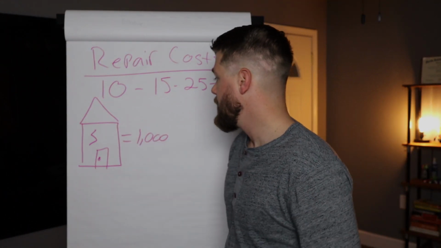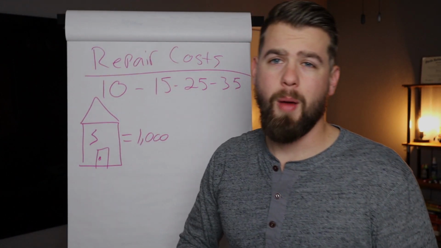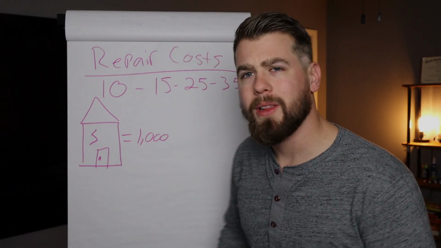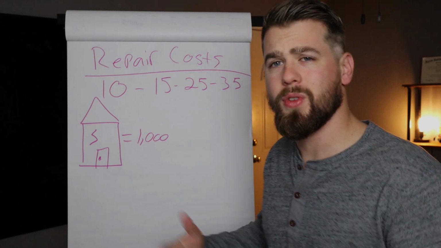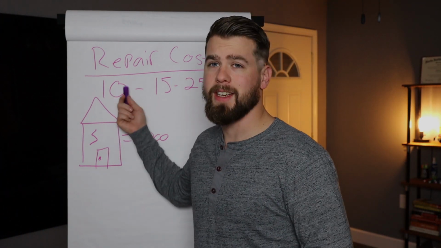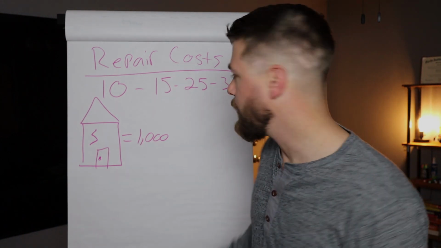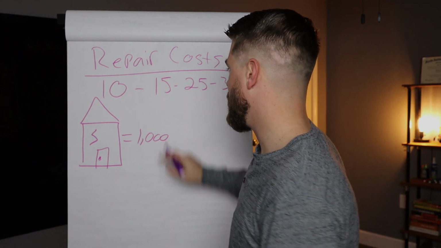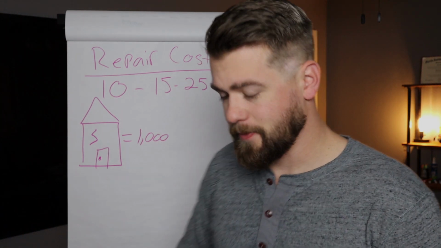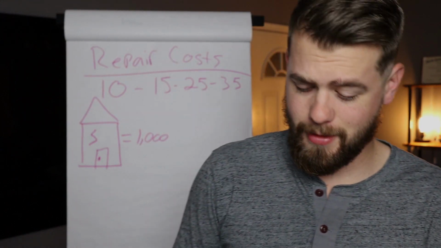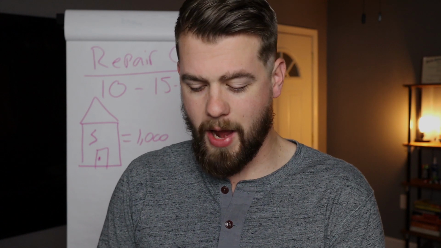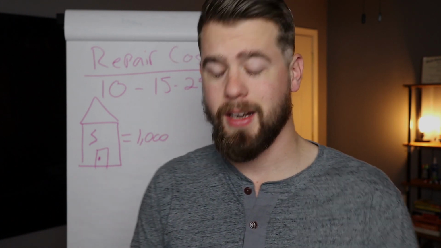Scenario number 1. This house probably needs a little bit of paint, some outlets, some doorknobs, some of that general stuff. That's $10 a square foot. This is a 1,000 square foot house. 1,000 times 10 is what? I'm using my calculator. I feel like I should know that off the top of my head. I know kind of what I think it is, but I'm not going to say it on camera because that means I'm dumb if I'm wrong.